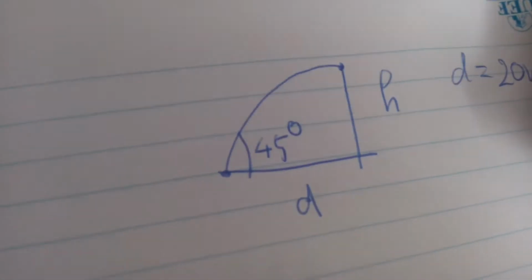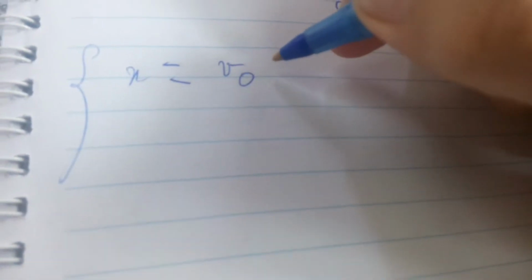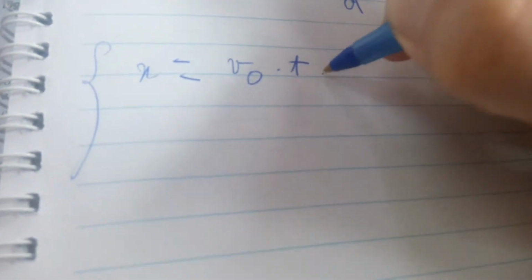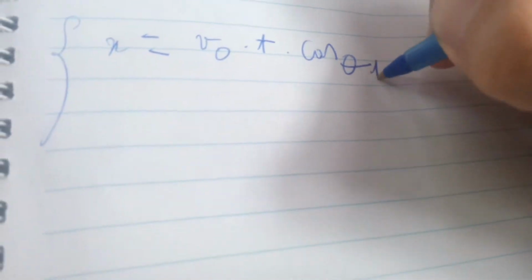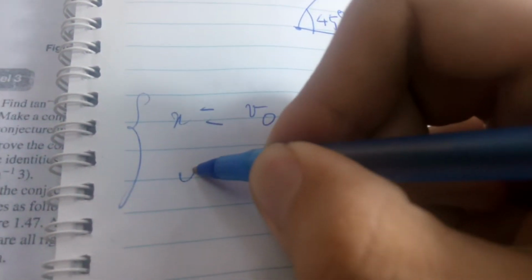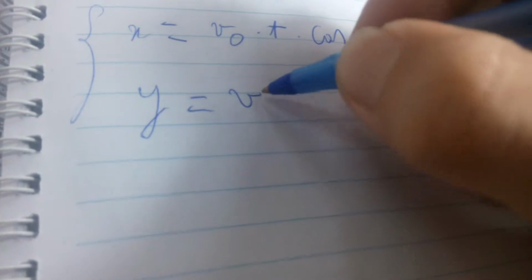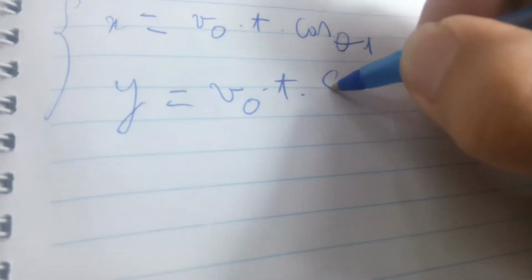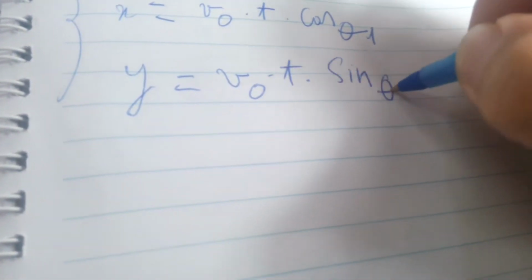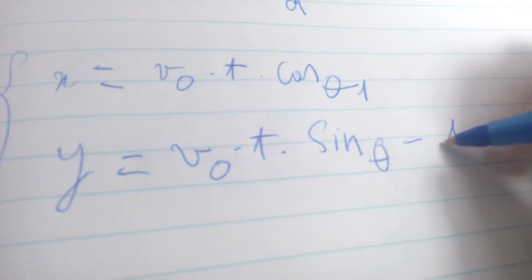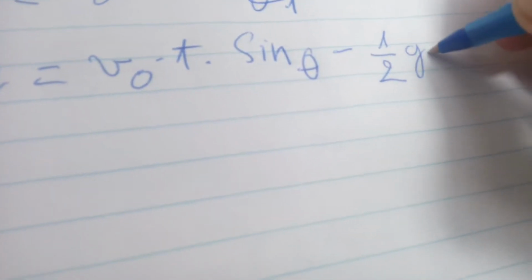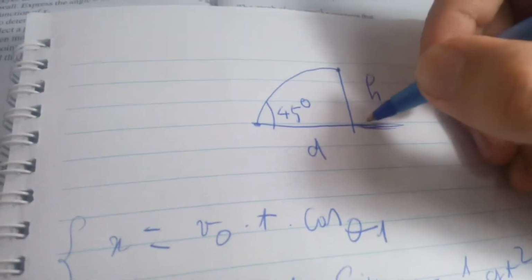For this exercise, we have to use the motion equations. They go like this: x equals v0 times t times cos alpha, and y equals v0 times t times sine alpha. But we have to subtract gravity, because we are looking in this direction.